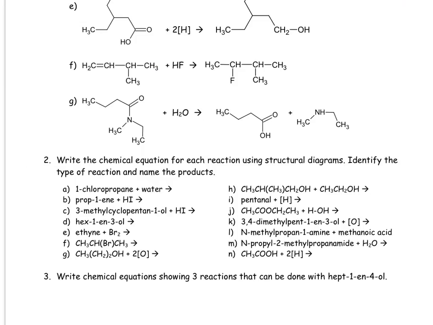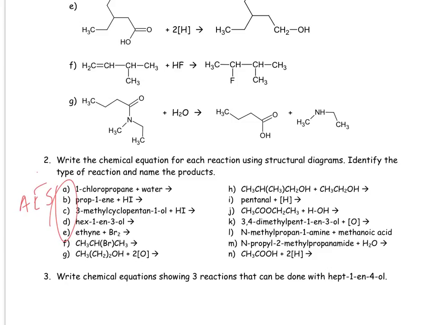Now that we've covered the rest of the reactions, you can complete the rest of your worksheet. If you've done question number 2, A to F, remember these are all the addition, elimination, and substitution questions.